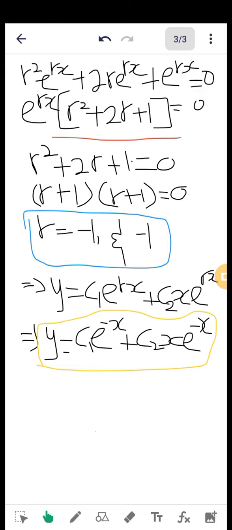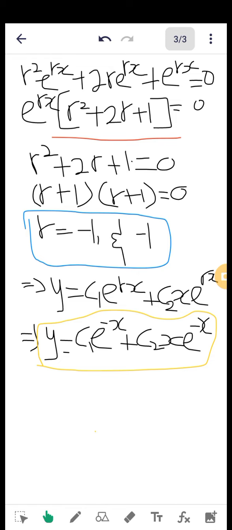Then we factorize e exponent rx out, leaving a quadratic equation. This equation is called the characteristic equation. Upon solving it, we get r equals -1, which is repeating: r equals -1 and -1 again.